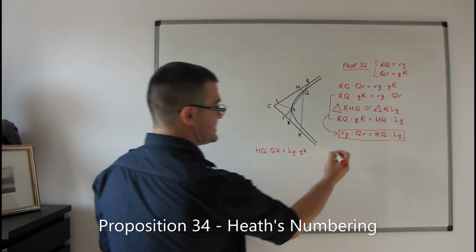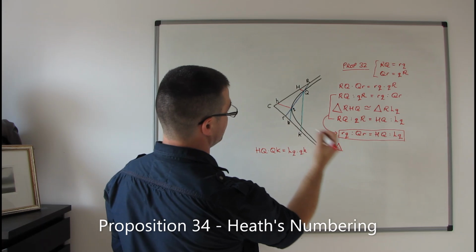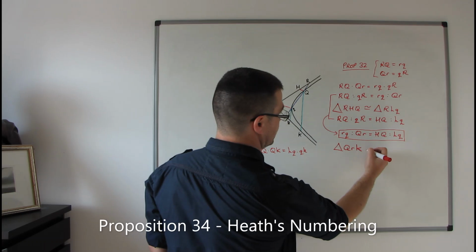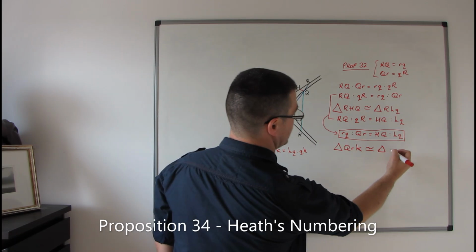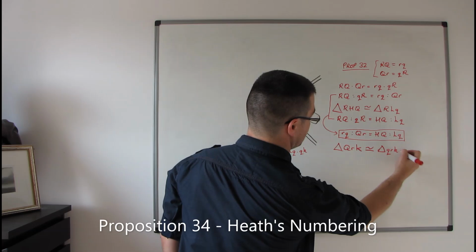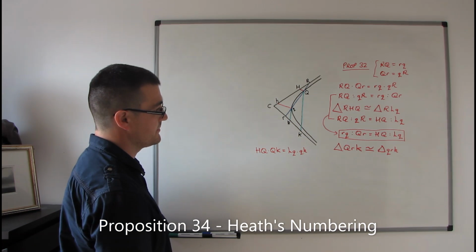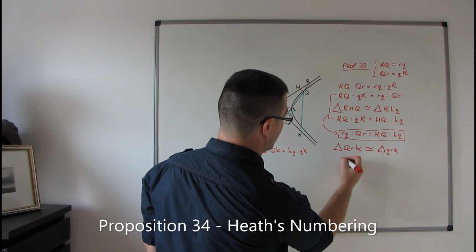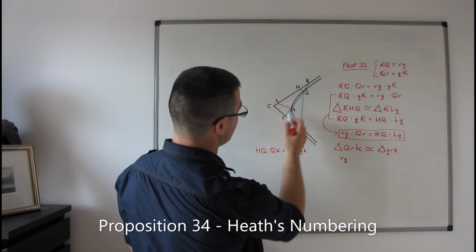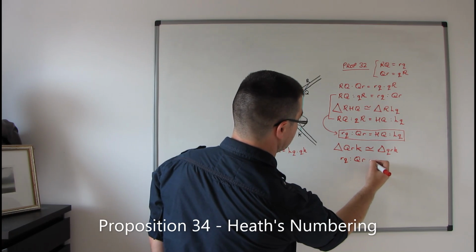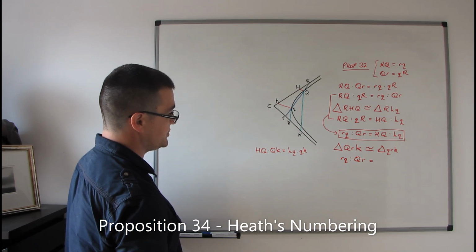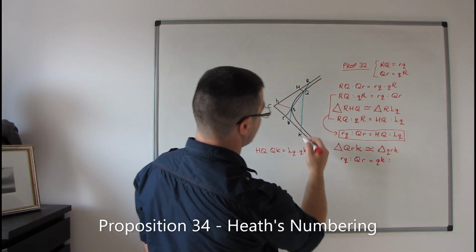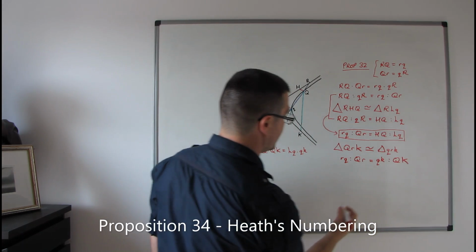And now we can also recognize that triangle QRK is similar to triangle lowercase qrk. So therefore, the ratio RQ to QR is equal to the ratio QK to uppercase QK.